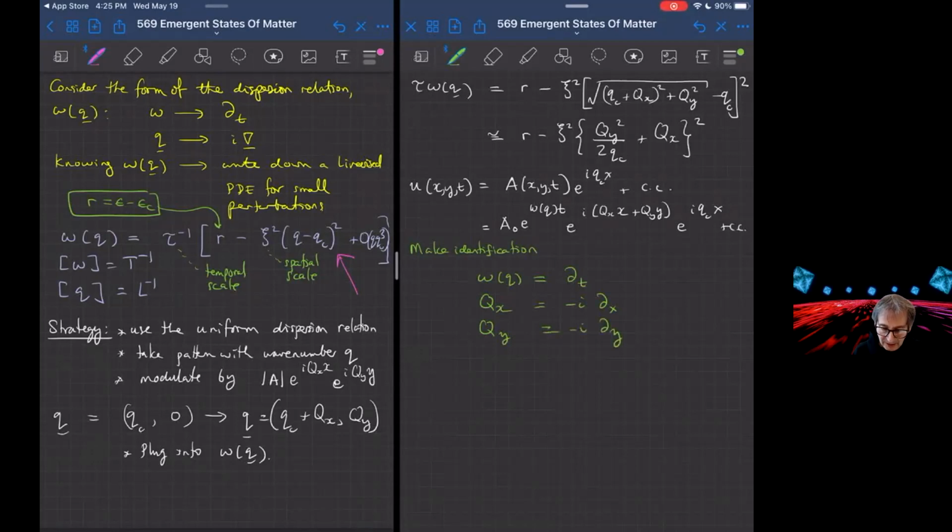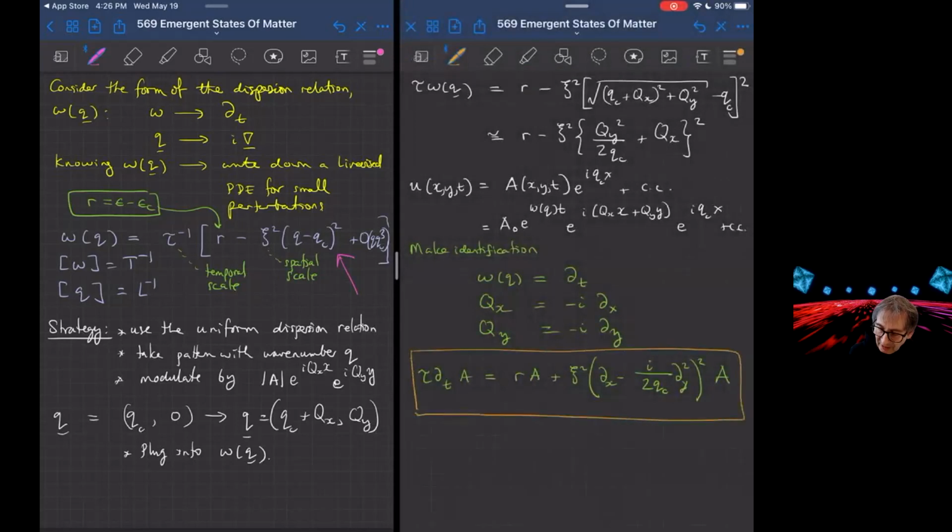Plugging that formula into what I have above, I end up with tau d by dt of A equal to Ra plus xi squared times d by dx minus I over 2qc dy, all of that squared, acting on A. My claim is that this linear differential equation has, when I Fourier transform it, the dispersion relation, equation star, and that's easy to see.